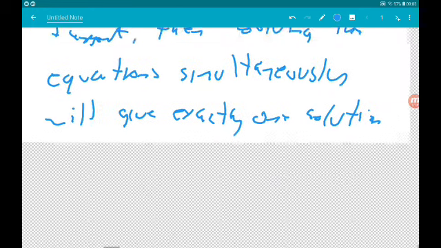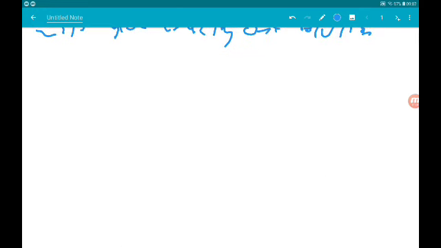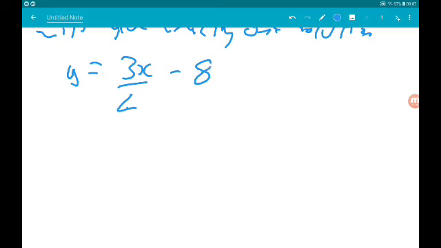So we know that 4y = 3x - 32, so y is 3x over 4 minus 8, just divided through by 4.